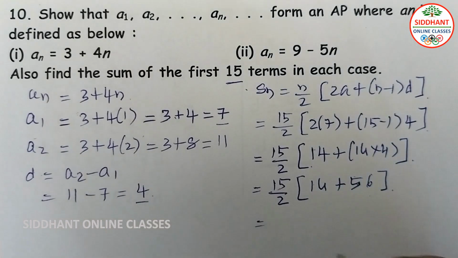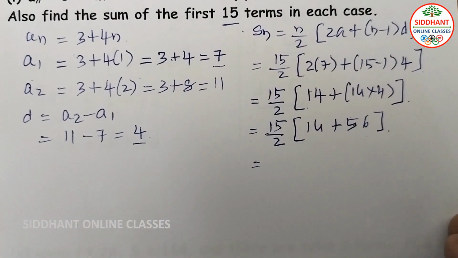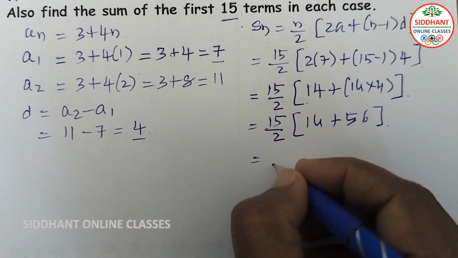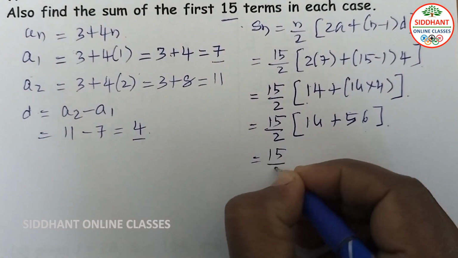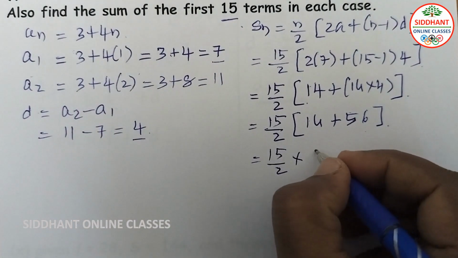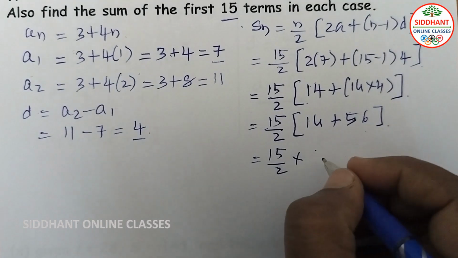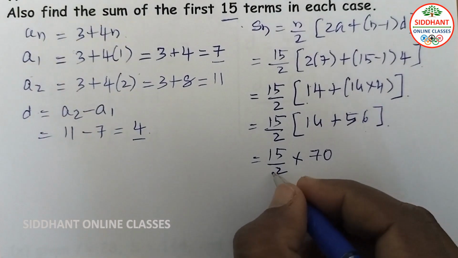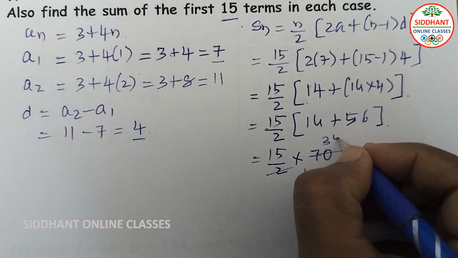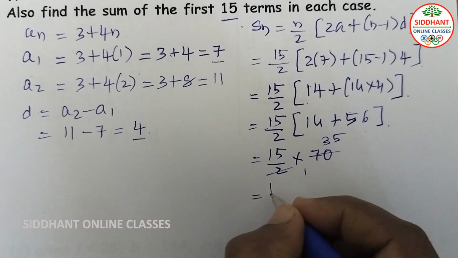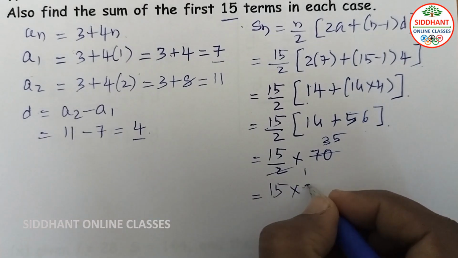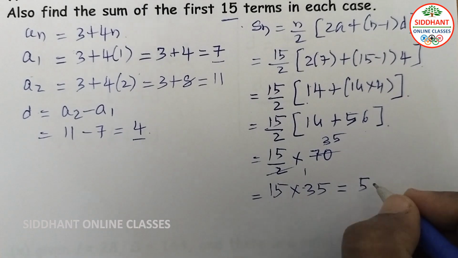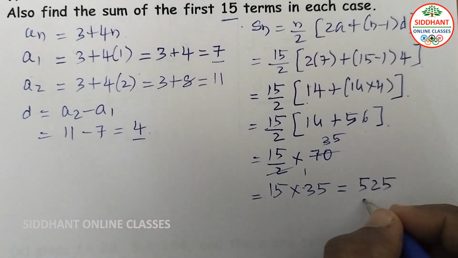So that equals 15 by 2 into 14 plus 56, which is 70, and here 2 goes into 70 as 35. So that equals 15 into 35, that equals 525.